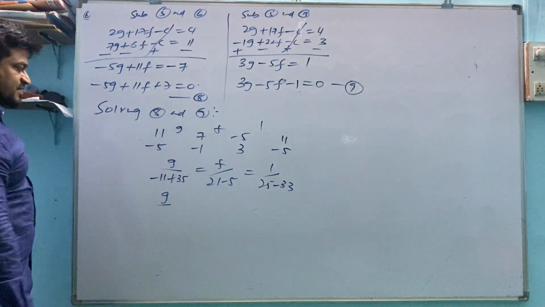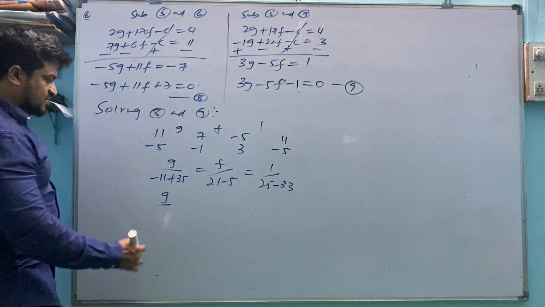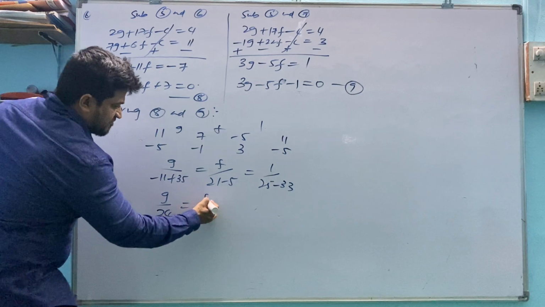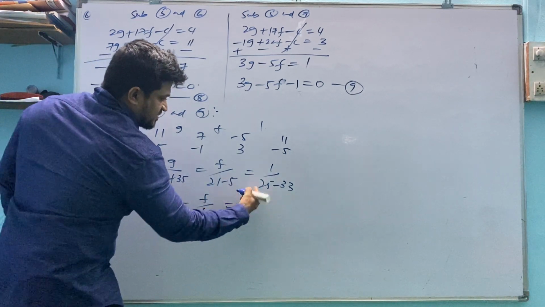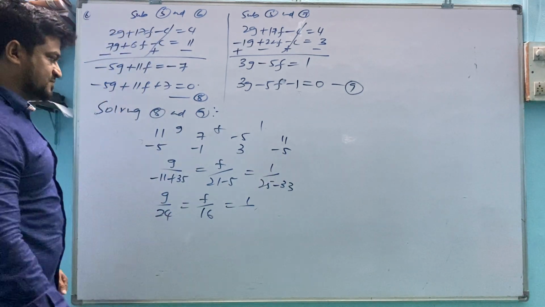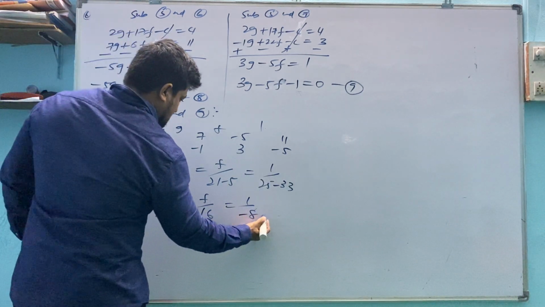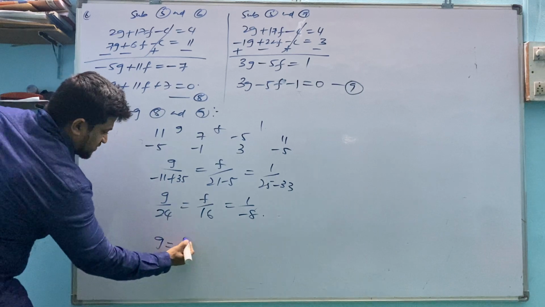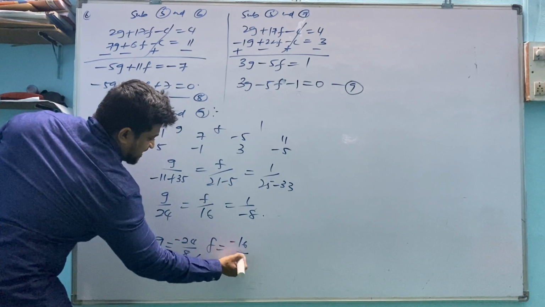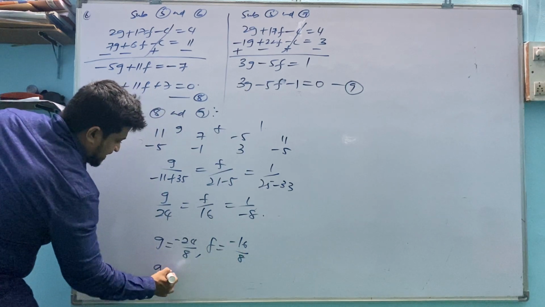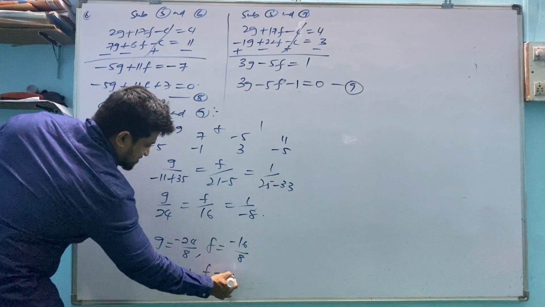So G divided by 35 minus 11, 24. F divided by 16. 1 by 25 minus 33, minus 8. So G is equals to 24 by minus 8. F is equals to 16 by minus 8. 8 3 times 24, 8 2 times 16.